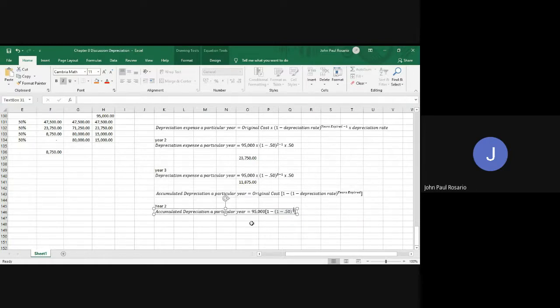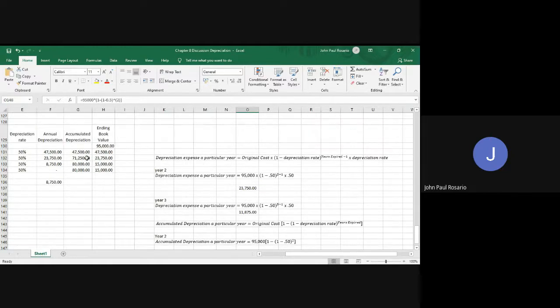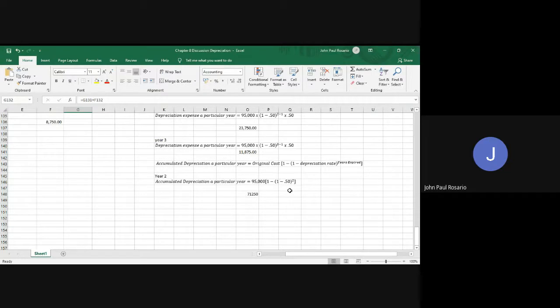So if we solve for that, it's 95,000 multiplied by 1 less 0.5 raised to the power of 2, which gives 71,250 on year 2, our accumulated depreciation. So it pulled through.